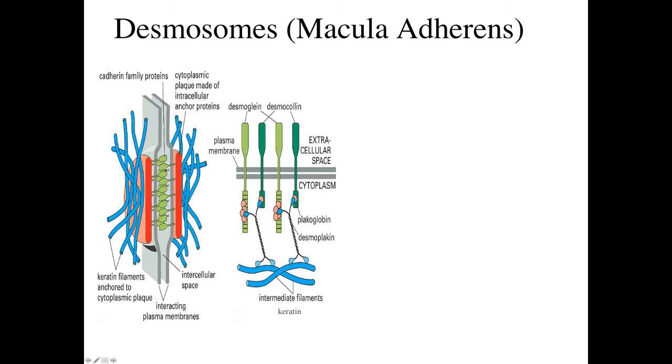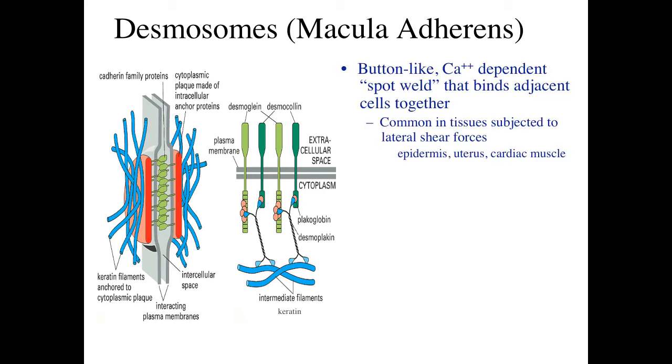So the membranes themselves don't fuse, but the integral proteins bind. So there's still actually a space between these membranes. These macula adherens form button-like or spot welds that bind adjacent cells together.